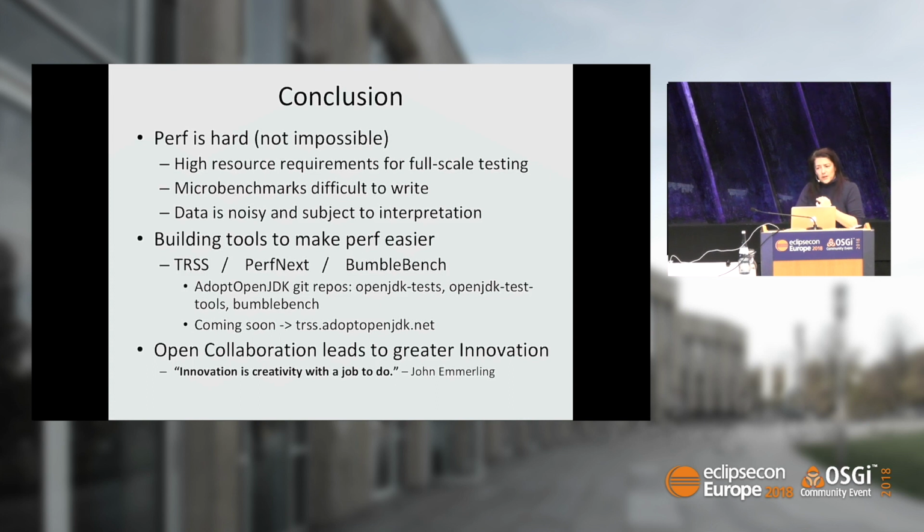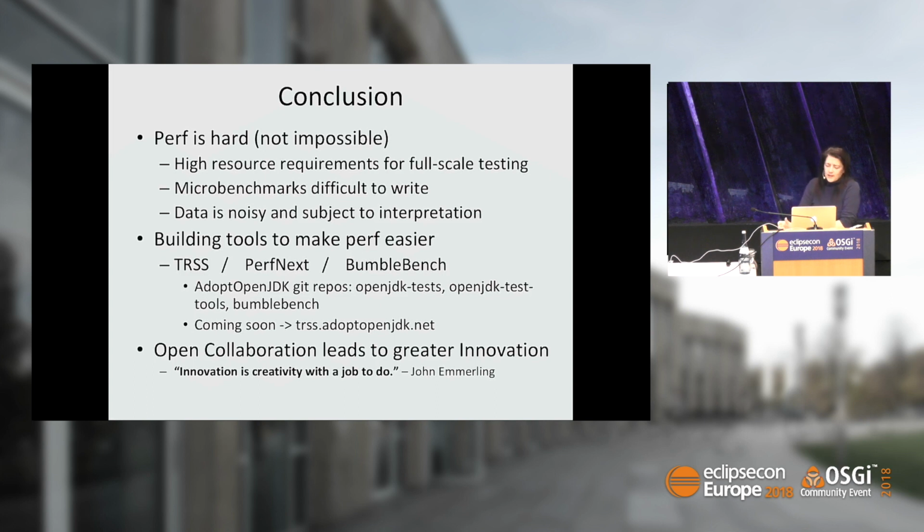So you should be able to start going there once we get the web server up and running, and be able to see of those JDK binaries that are produced at AdoptOpenJDK, how are they doing in terms of performance, and actually be able to look and compare.